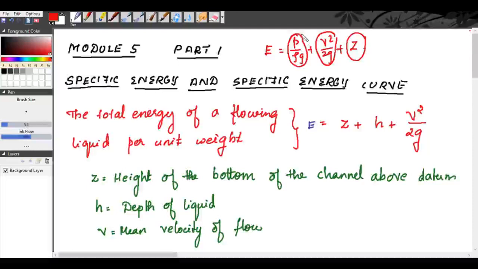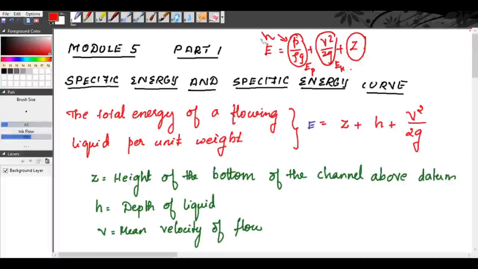Now we replace P by rho G by H, that is the depth of water, and that will be taken as the potential energy. V square by 2G is the kinetic energy.